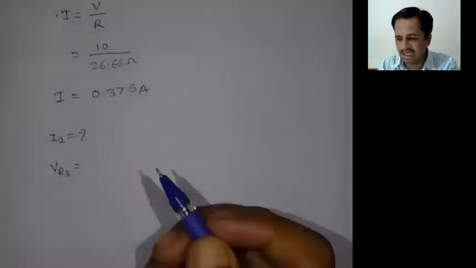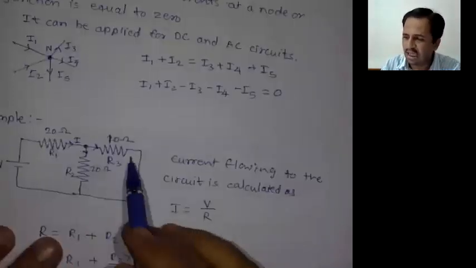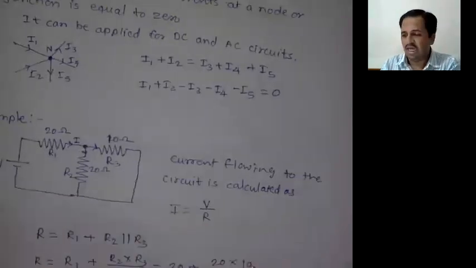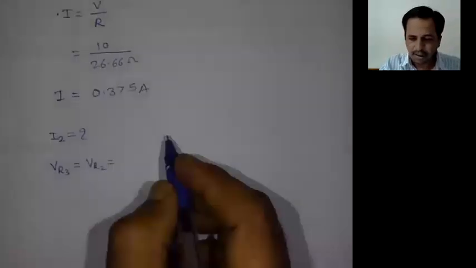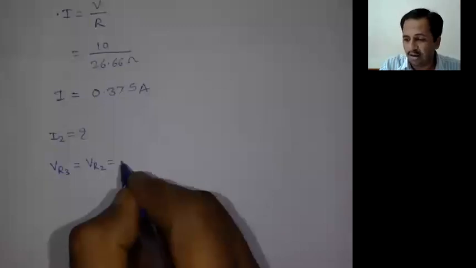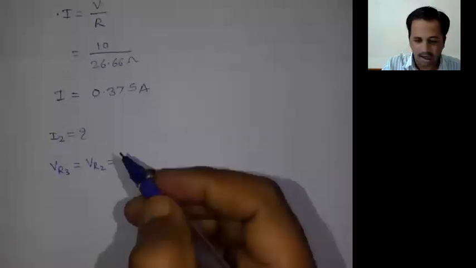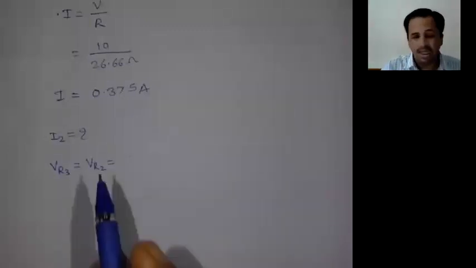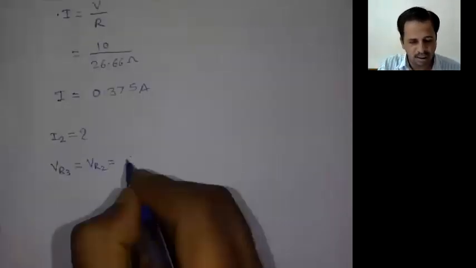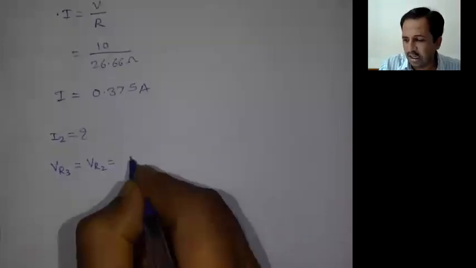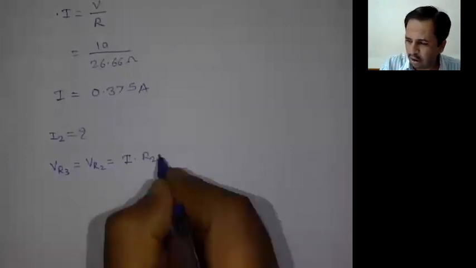Because these are two parallel branches, R2 and R3, the voltage across this and the voltage across this are both the same, and therefore we write VR3 equal to VR2 equal to, again by Ohm's law, I into R. Now what is the R value? Sorry, we only have to find the resistance value for R3 and R2, so it is the parallel combination of resistance. Its value is I into R2 parallel R3.